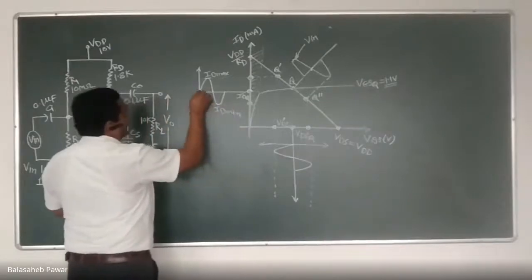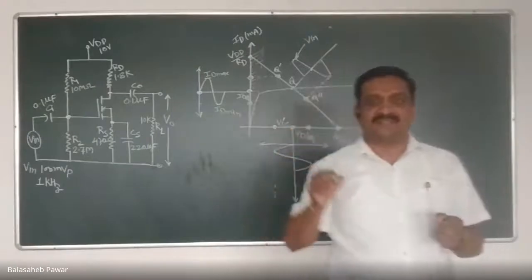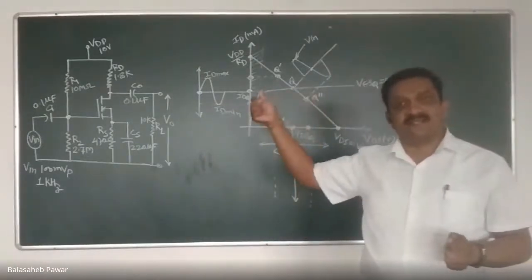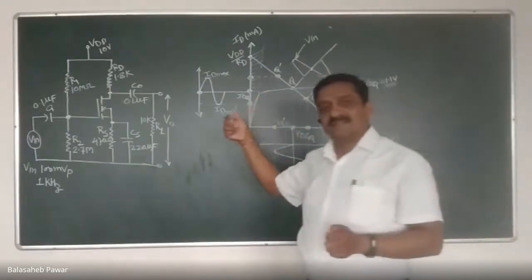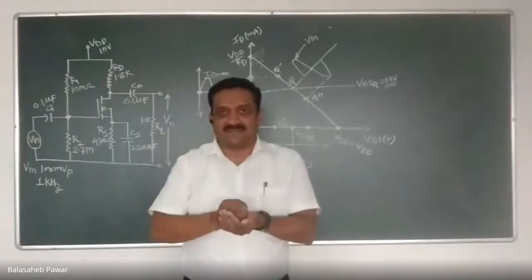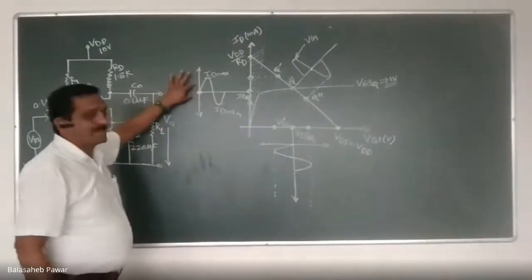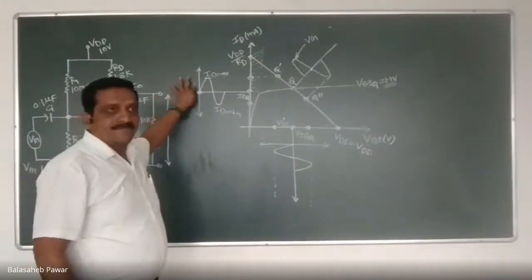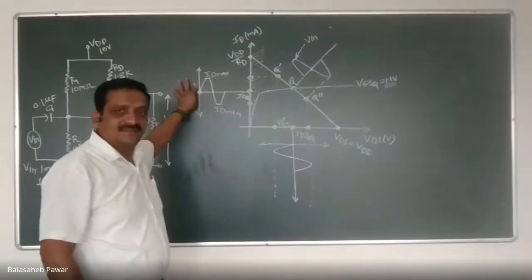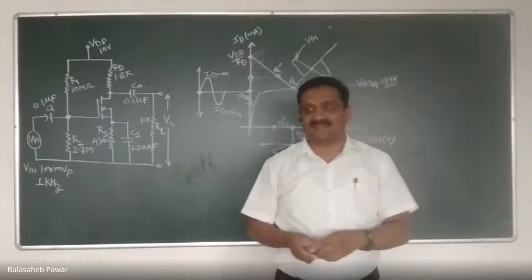And whenever input is at zero level, that means whenever Vin is at zero level, how much will be the value of output current? Just try to recall it. Whenever input signal is at zero level, how much is the value of output current? A large gap between two lectures, that's why.